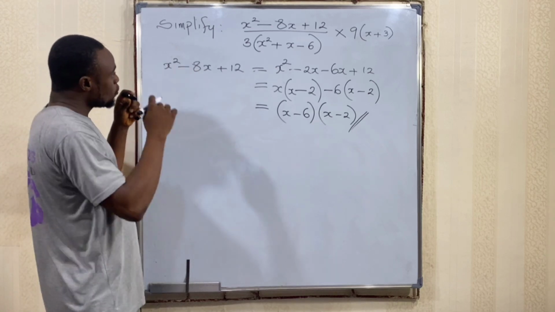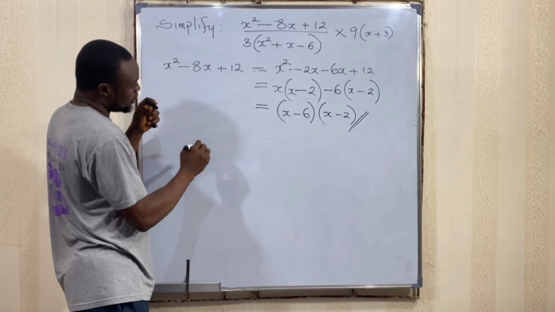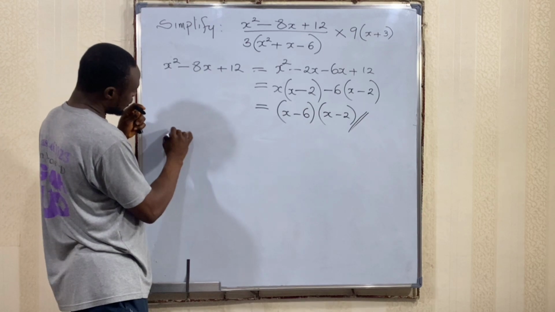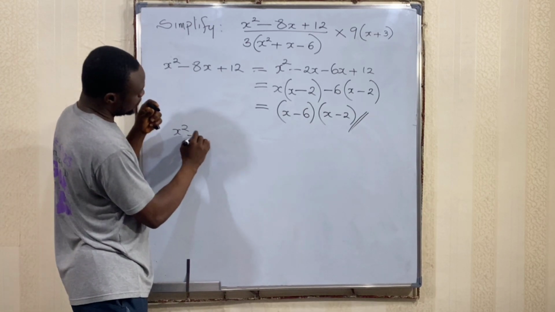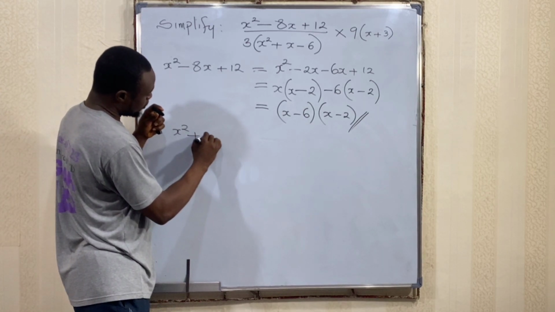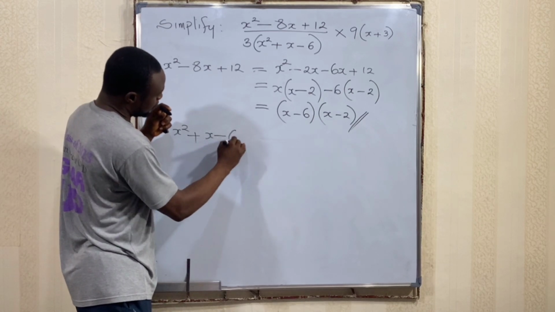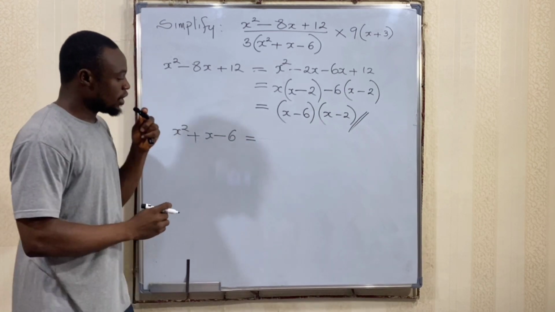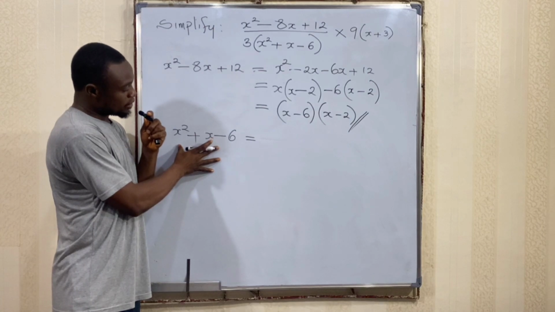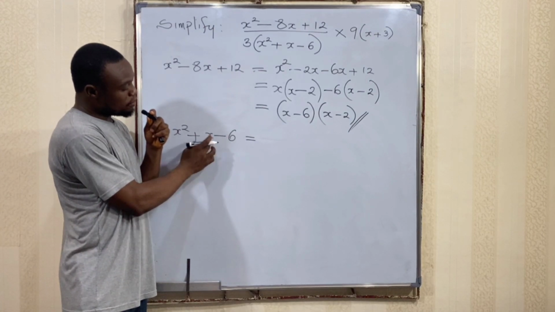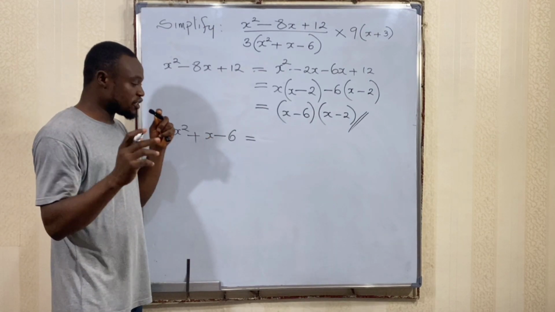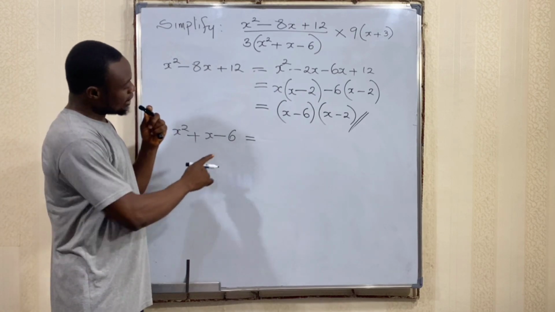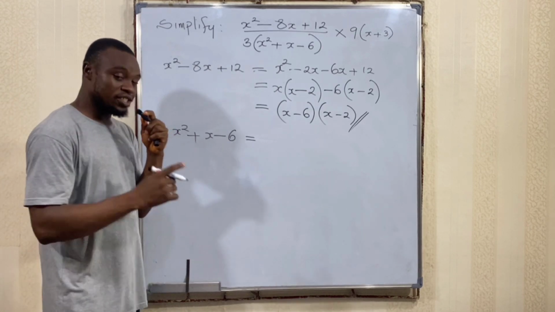Beautiful. Now the second one is this numerator, which is basically x squared plus x minus 6. Now, if you look at this particular quadratic expression, you discover that the coefficient of the middle term is just 1, and the constant term is 6.